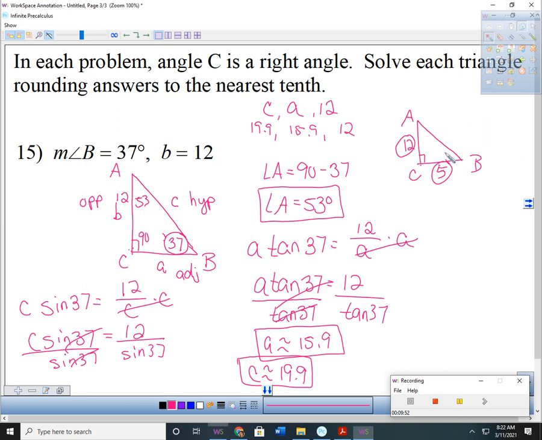But if they give you an angle and a side, don't do the Pythagorean theorem. Use your trig functions. Because otherwise, when you start using rounded answers, sometimes they end up being off. And sometimes you get lucky, but not always. But that's a good question. Okay, are we good on that one now? Okay.